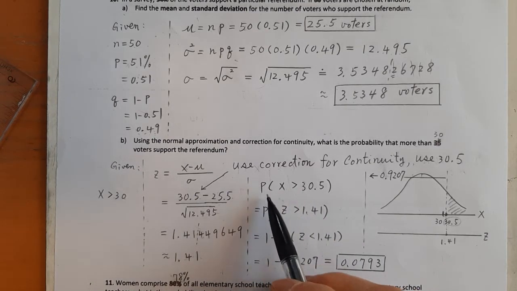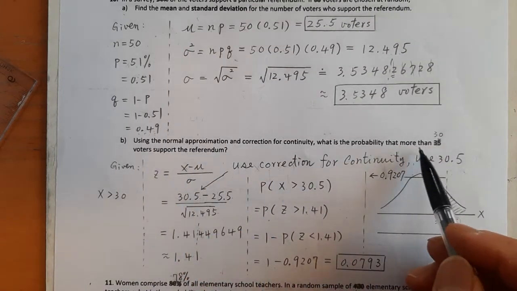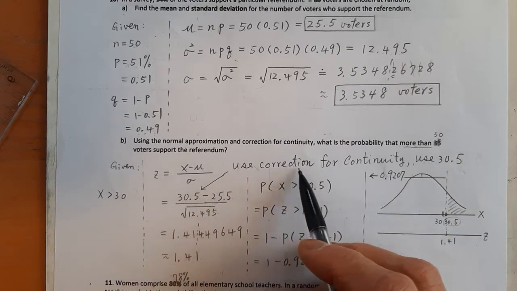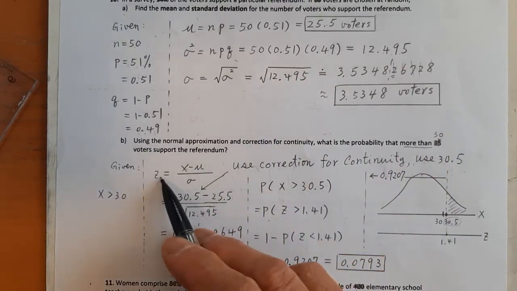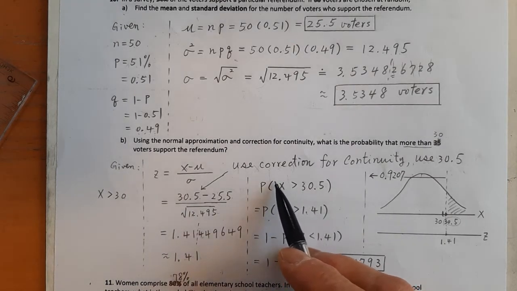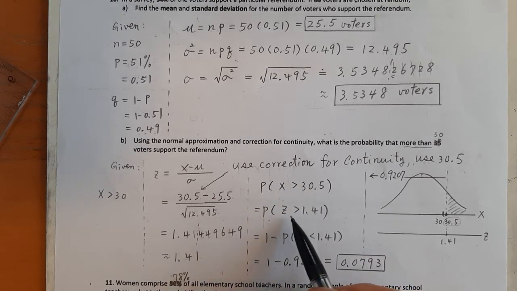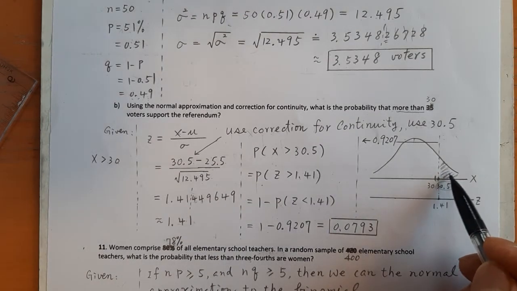So you're looking for probability of x more than 30. By continuity, you have to use correction for continuity, use 30.5. The corresponding z-score is 1.41. So probability of x more than 30.5 is equal to probability of z greater than 1.41. And so you're looking for this area.